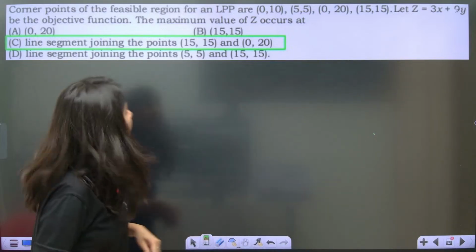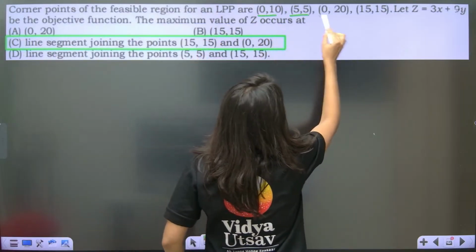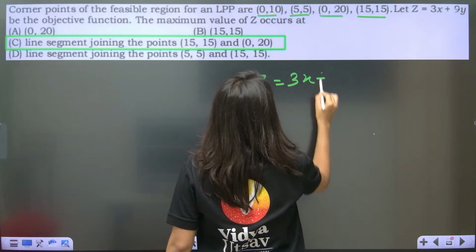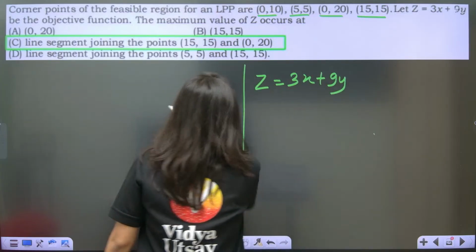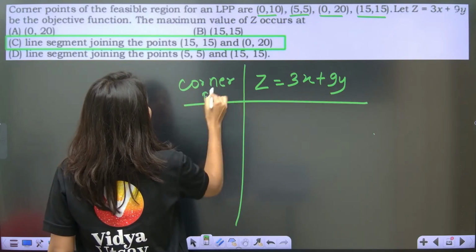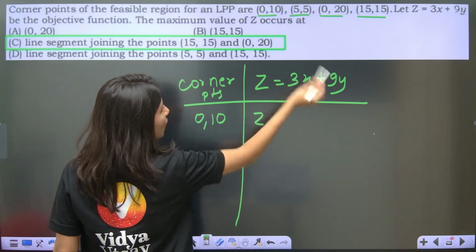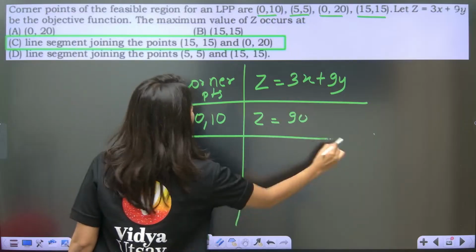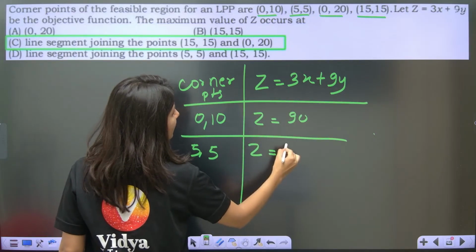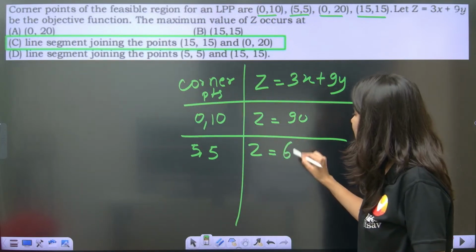Can you see? Corner points are given: 0, 10; 5, 5; 0, 20; 15, 15. Z over here is 3x plus 9y. So just draw the table. 0, 10: Z is 0 plus 90, so Z is 90. Then 5, 5: Z is 3 fives are 15 plus 9 fives are 45, 45 plus 15 is 60.